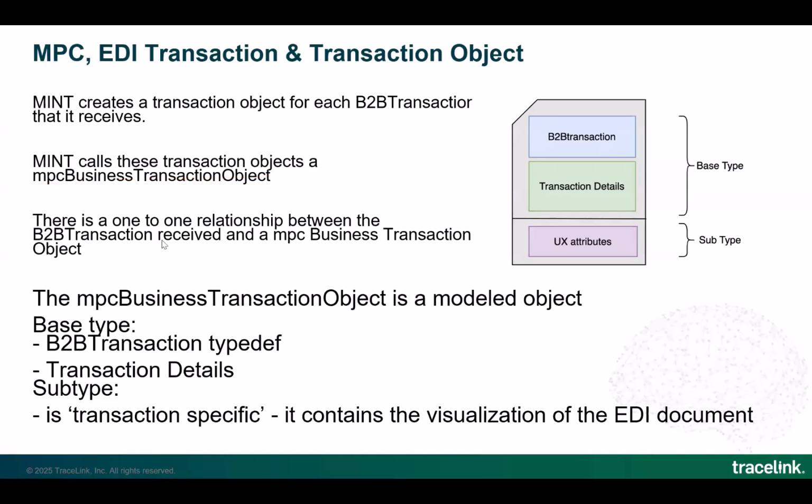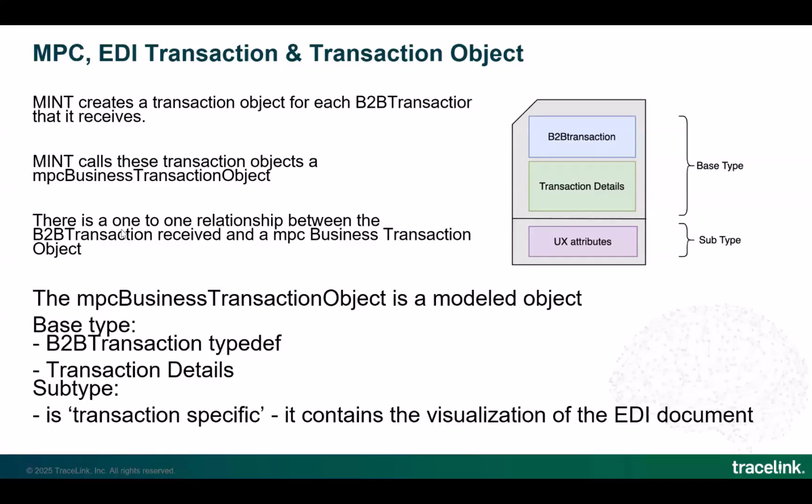Now, this is very important that there is a one-to-one relationship between all the transactions that are received by B2B and the object that Mint creates. So as I was saying earlier, you send 10 different files with the same PO number, same file. These are 10 different B2B transactions because you dropped that file 10 times on SFTP, right?